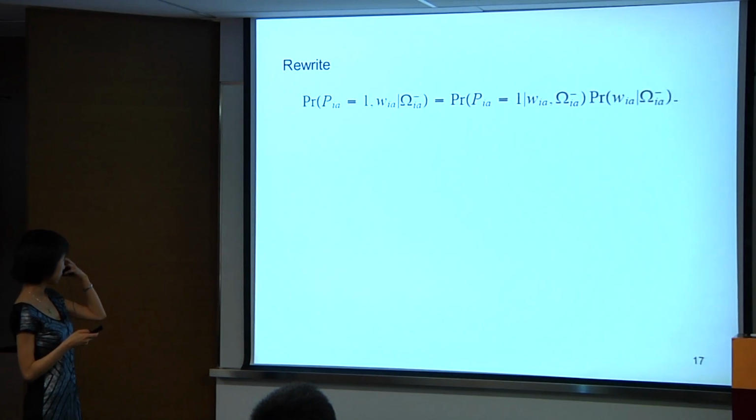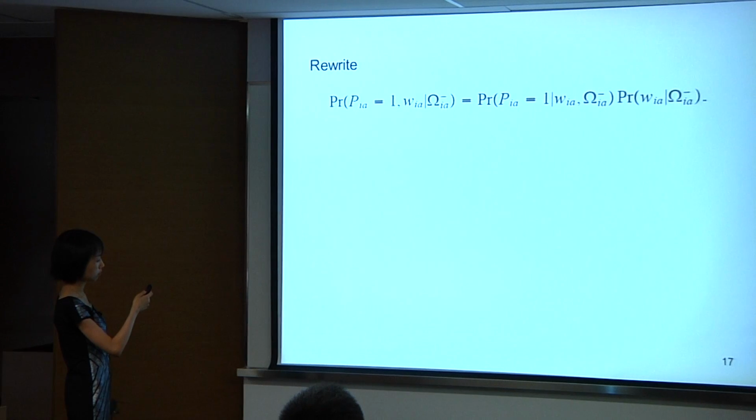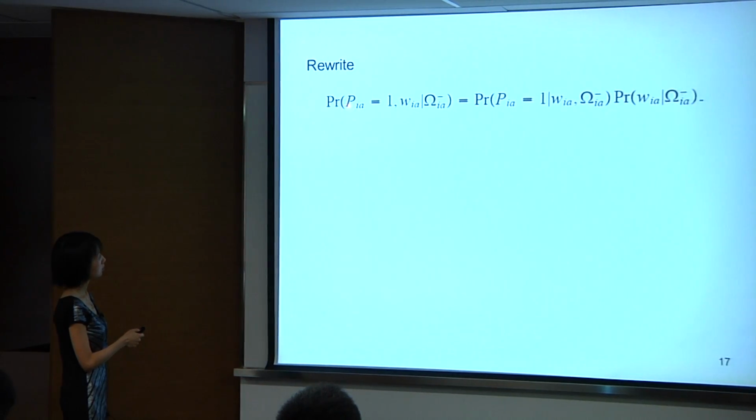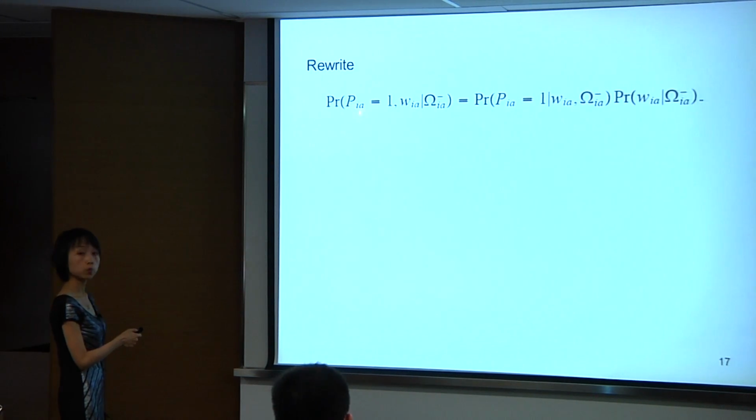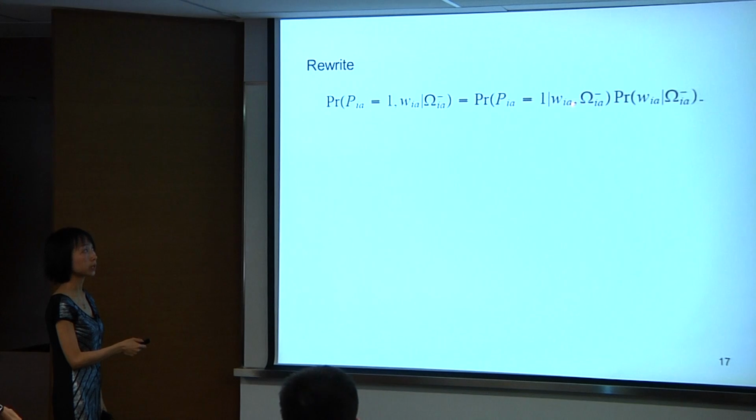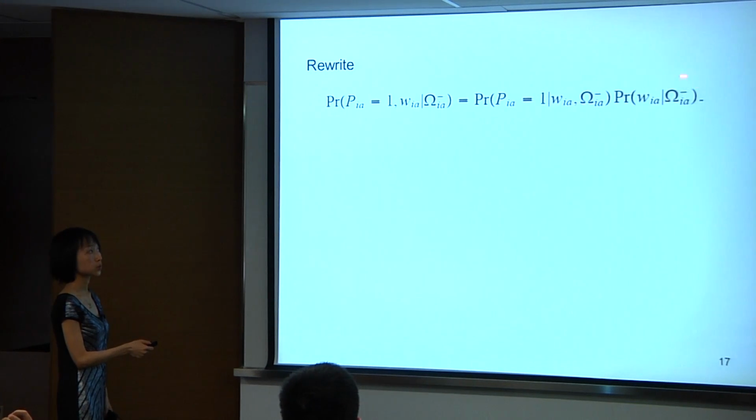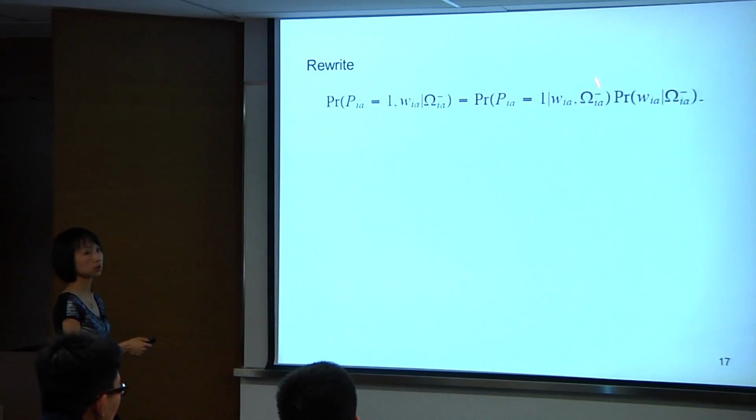And we can rewrite this for the participating women. The joint probability that we observe this woman works at that wage is just the probability that we observe that wage, and then the woman works, conditional on that wage.